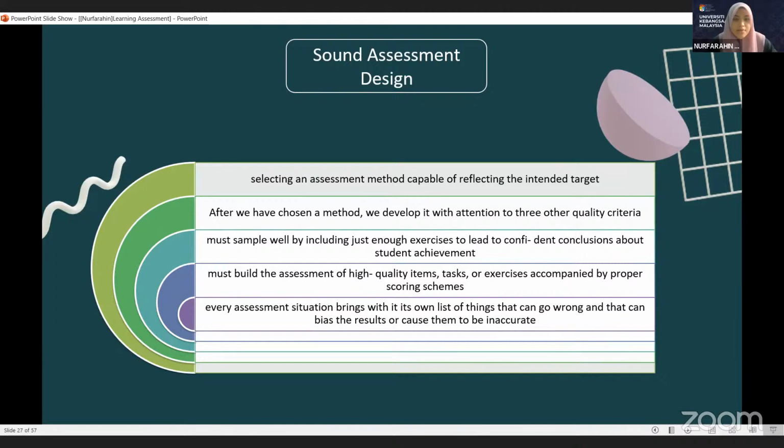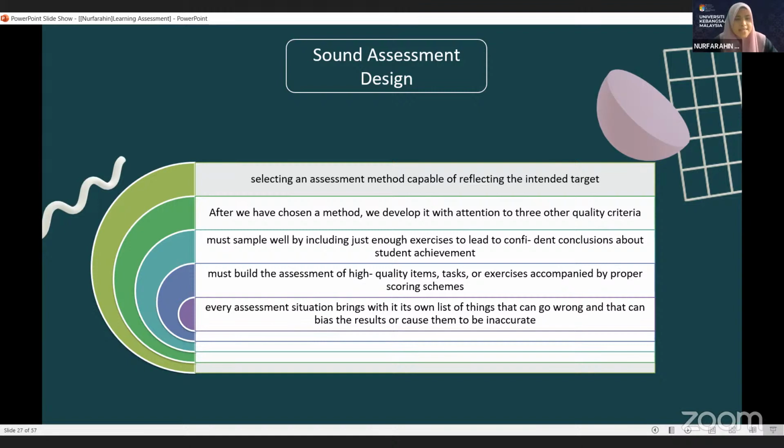It must sample well, by including just enough exercises to lead to confident conclusions about student achievement, and must build the assessment of high quality items, tasks, and exercises. Every assessment situation brings its own list of things that can go wrong and that can bias the results.